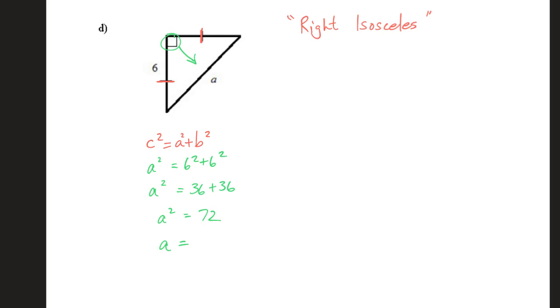Notice the question does not give you any rounding rules, and so if we don't have any rounding rules, then we need to make sure that we round to 2 decimal places. We're going to round, so we mark it as our approximate, and we should come in on 8.49 units. So if the question had been labeled in centimeters, then we have 8.49 centimeters. And there we go. So hopefully not too bad.